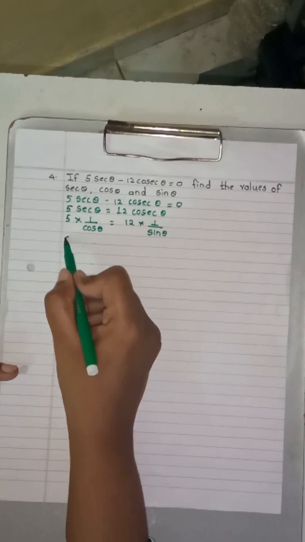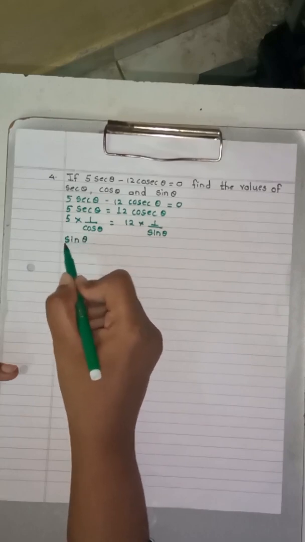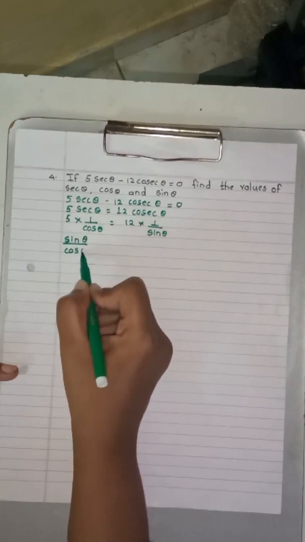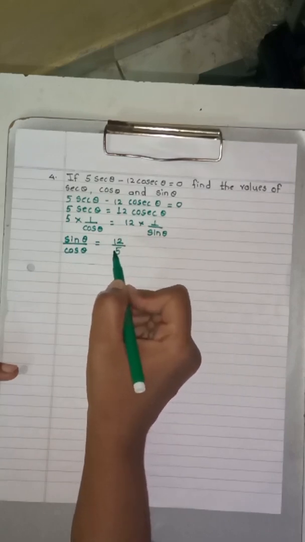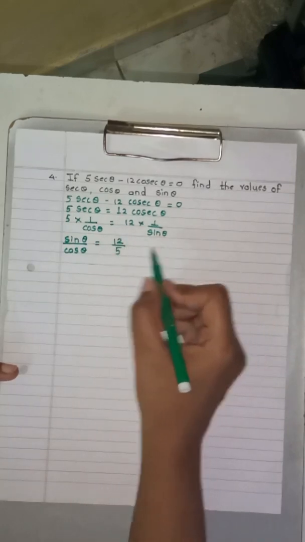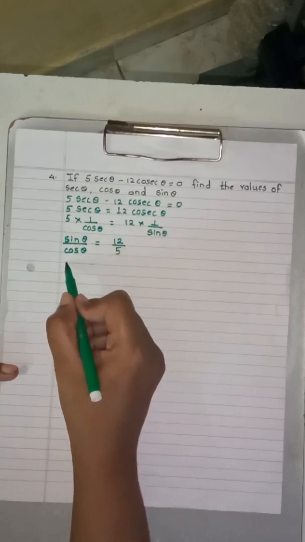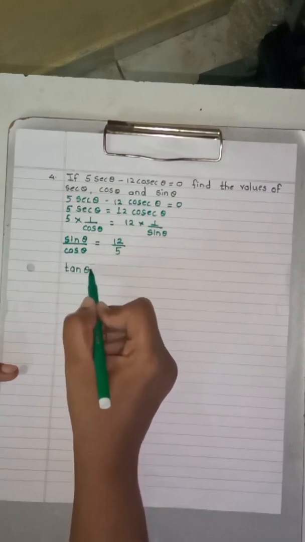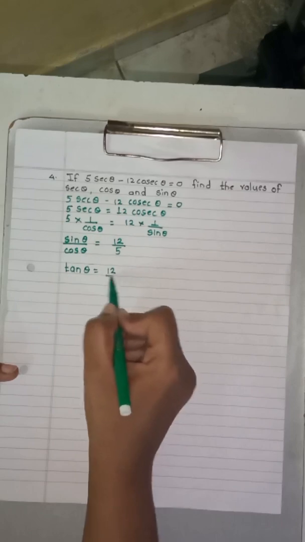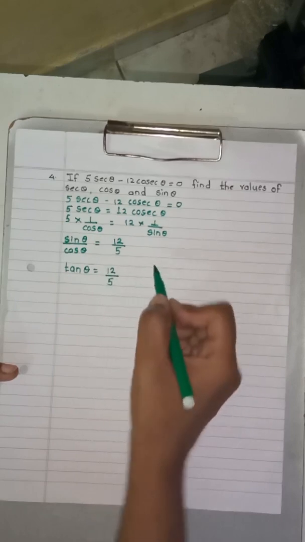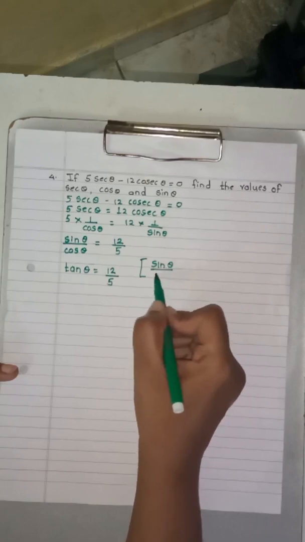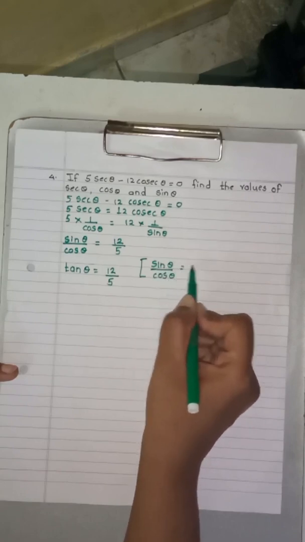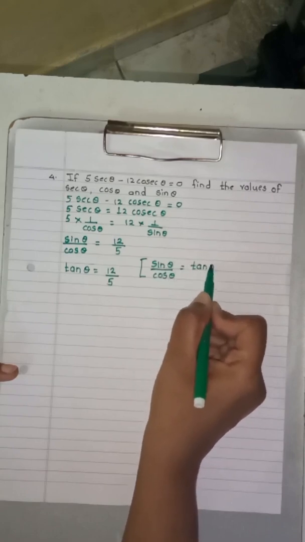Therefore here it will be sin theta upon cos theta is equal to 12/5. Here you know that sin upon cos is tan theta. Tan theta is equal to 12/5. You can write down here sin theta upon cos theta is equal to tan theta.